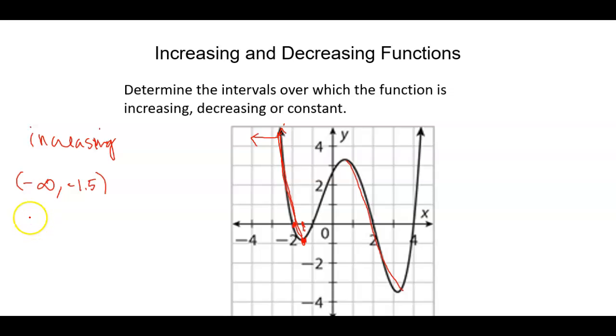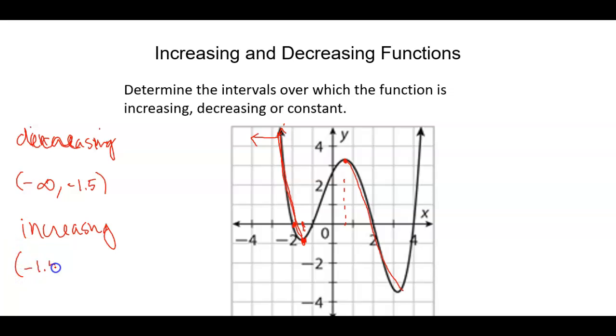Okay, then it starts to, oh, sorry, that's decreasing, isn't it? So it's decreasing because from left to right it's going downhill, so there are 2 decreasing intervals. I misspoke. So negative infinity to negative 1.5 is decreasing. Then it starts increasing from negative 1.5 and ends up here at, looks like, 0.5.